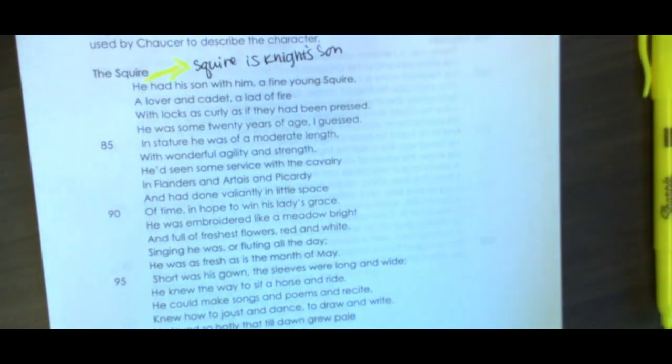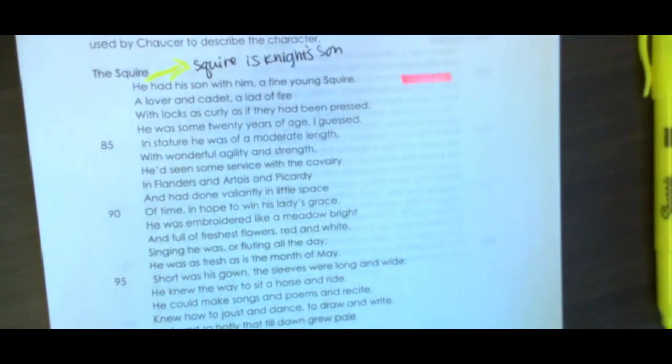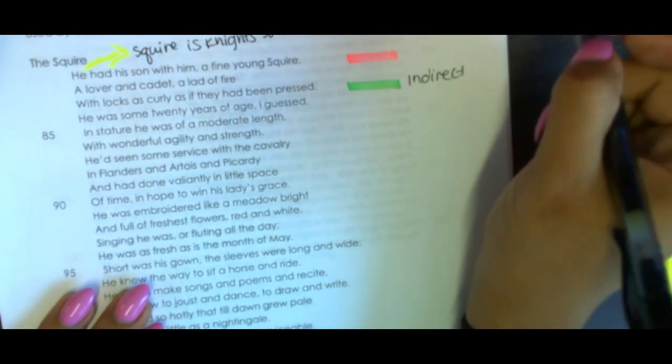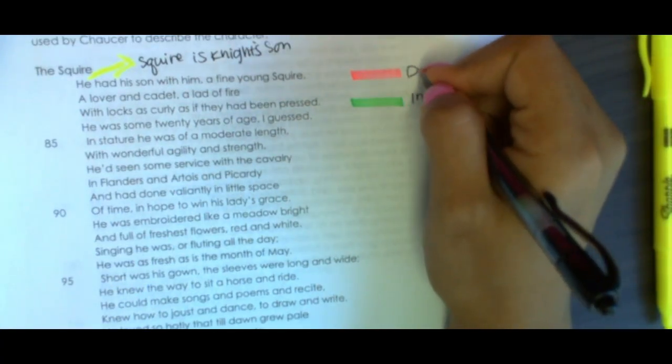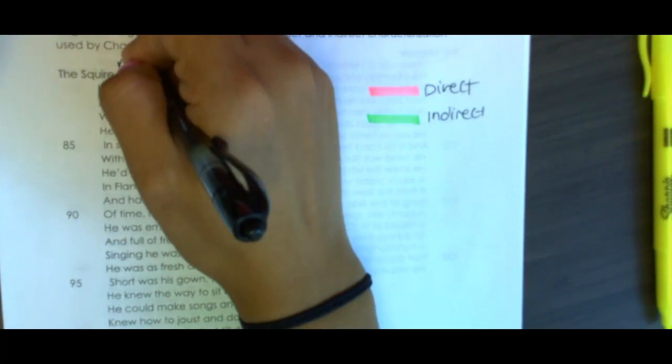And he is a fine young squire. Let me put my highlight color so I don't forget. Green was my indirect or direct? Indirect. And my pink was my direct. And yellow was just notes.